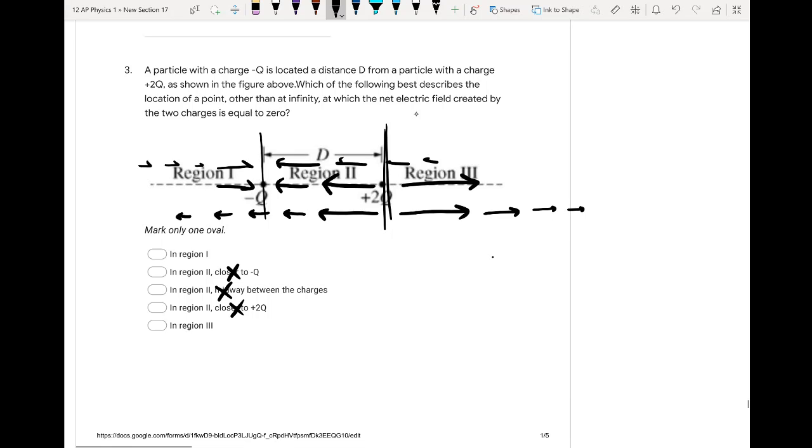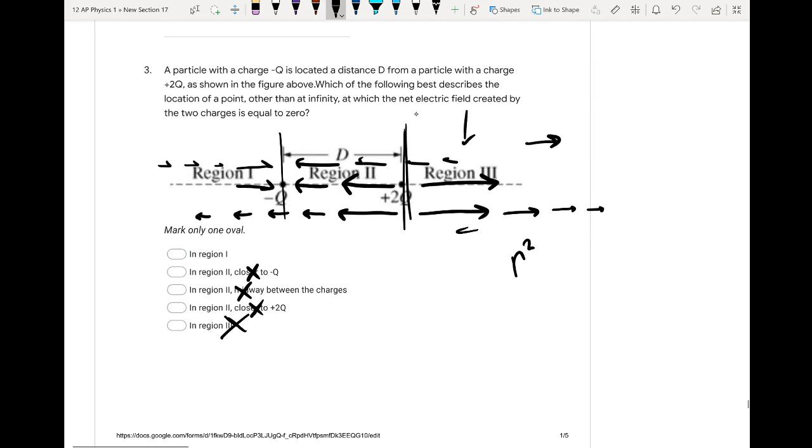We know that electric field is going to fall off with r squared. So over here we have a pretty strong electric field pointing to the right. And yes, this negative q will be pointing to the left over there, but it's going to be pretty weak because it's pretty far away, so we won't be able to cancel it out.